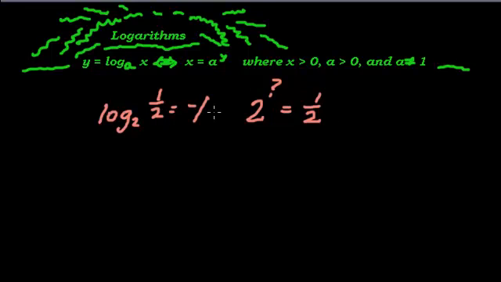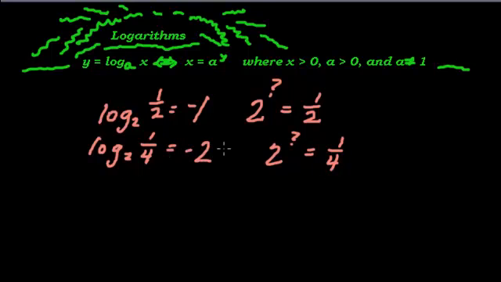So log base 2 of 1/2 is negative 1. So let's carry that a little bit further. Log base 2 of 1/4. 2 to what power is a 4th? And this would equal negative 2. That's how we get that exponent, or that fraction with that exponent there.